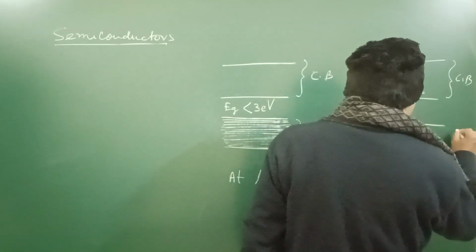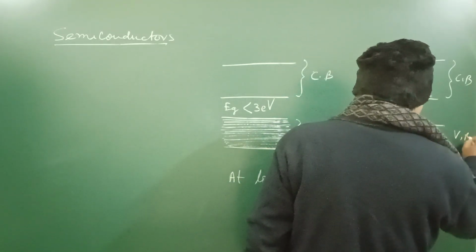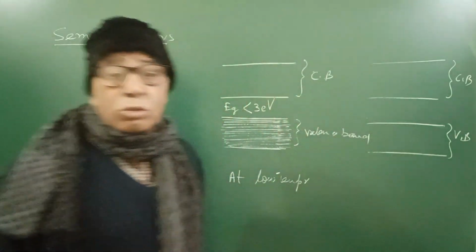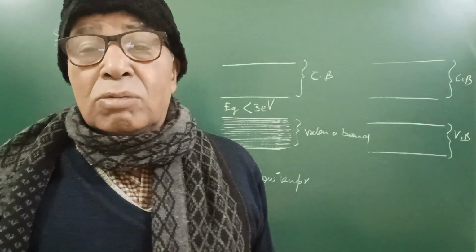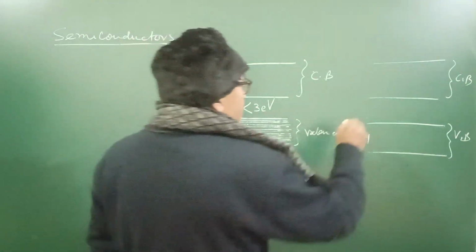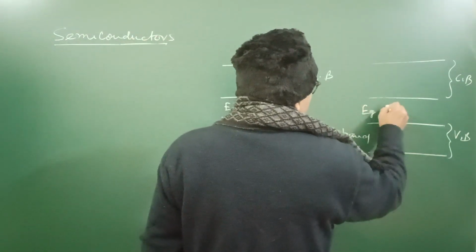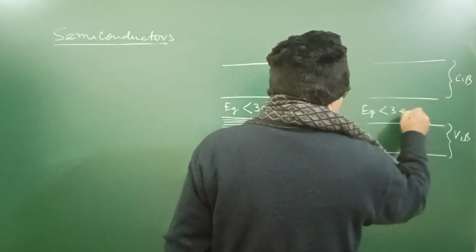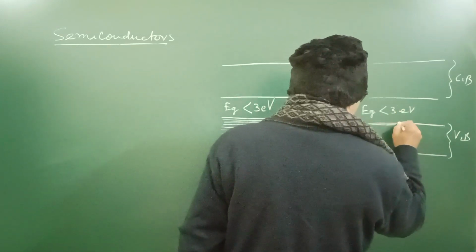So now it is the valence band here at room temperature. At room temperature, thermal agitation can impart energy to electrons. Since the gap is less than 3 electron volt, some electrons may jump from here.